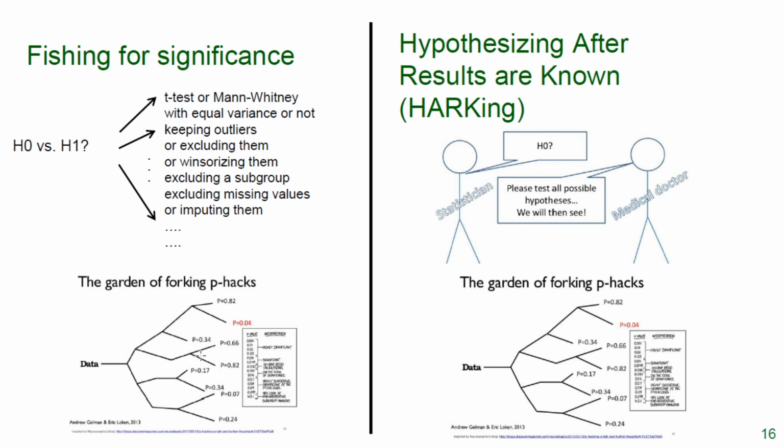In fishing for significance, it arises from the different combinations of data analysis strategies that are being tried, and in HARKing it arises from the different hypotheses that are being tested. But at the end, it's similar. We have a lot of p-values, and the most significant ones are selectively reported.